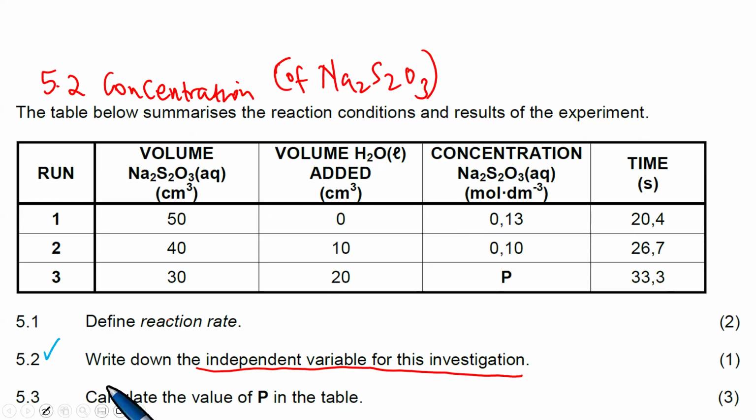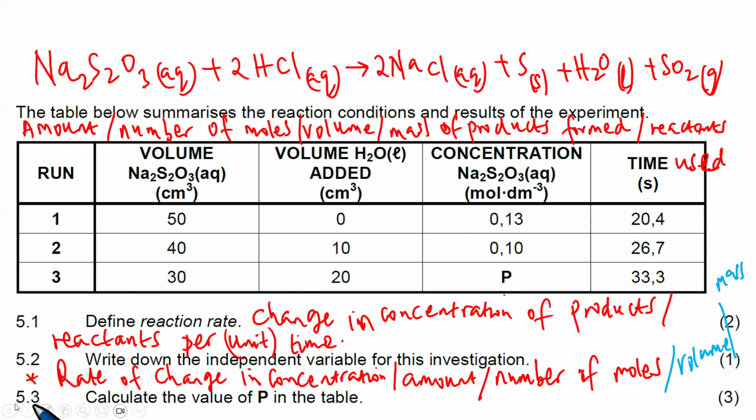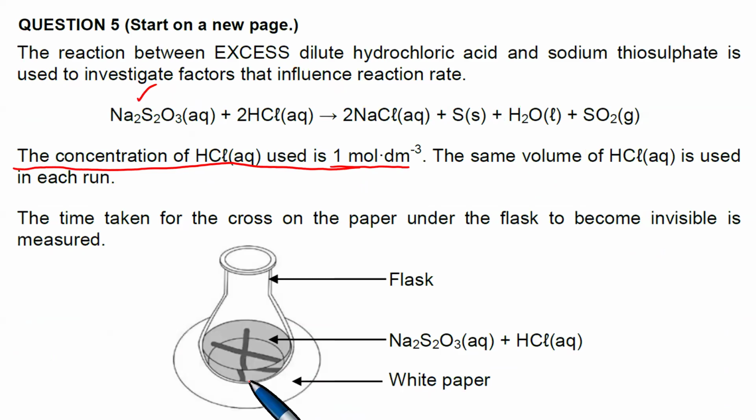I was saying here, in this case, they want us to write down the independent variable. How do we see the independent variable here? Because we just have this flask here, but this flask is undergoing a couple of runs. Whenever we do a mixture, a chemical reaction of the sodium thiosulfate and HCl, we make sure that we have 1 mole per cubic decimeter concentration of the HCl.